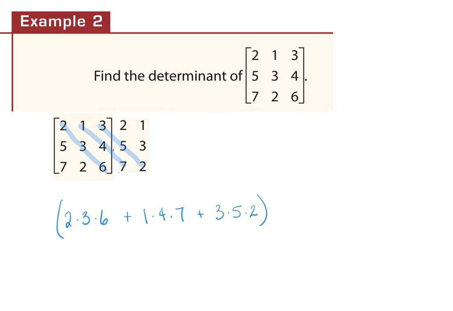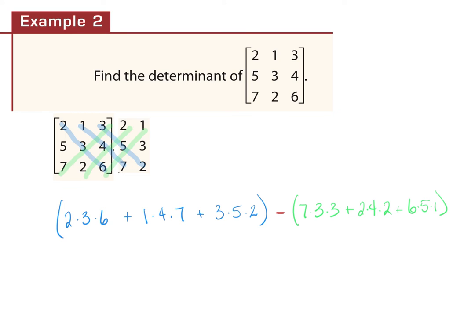And then I am always going to subtract, and I'm going to do the next one in the opposite direction. So I'm going to start at the bottom, 7 times 3 times 3, plus 2 times 4 times 2, plus 6 times 5 times 1.